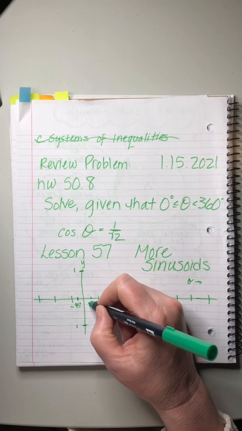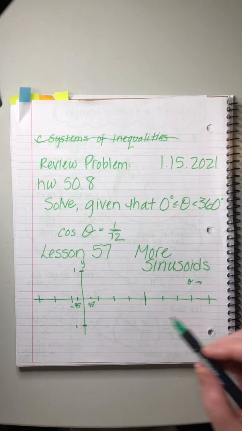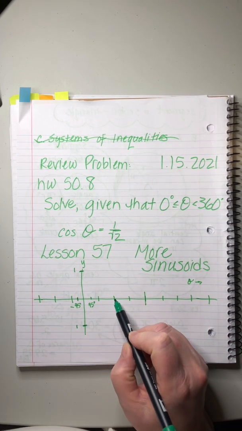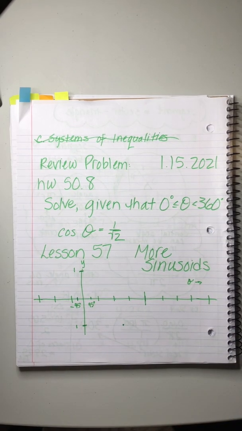Yes, 45 degrees here. These are important numbers, and I'll show you what they mean in just a minute. Okay, now, let me show you what's happening with this curve.